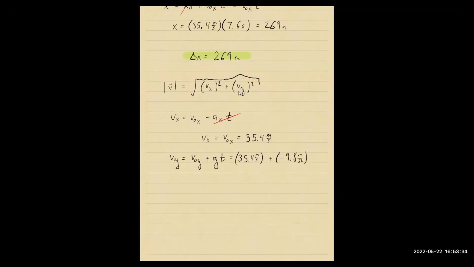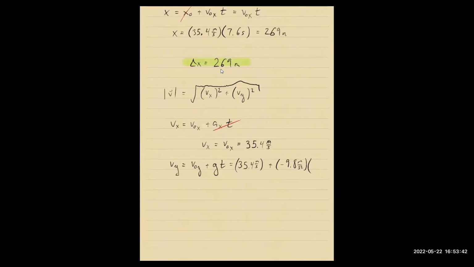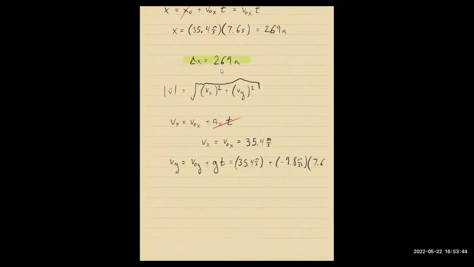That's our acceleration in the y direction, times the time it takes for this ball to hit the ground, which is 7.6 seconds. So punching all this in tells us that the y component for our final velocity vector, right before it hits the ground, is going to be minus 39.1 meters per second, where this minus sign just indicates that the ball is traveling downwards, which makes sense, it's falling.